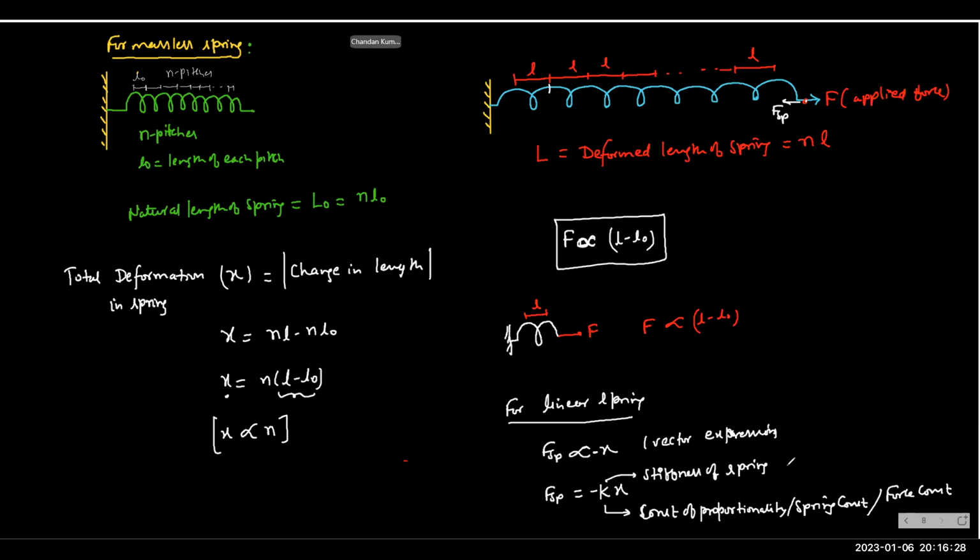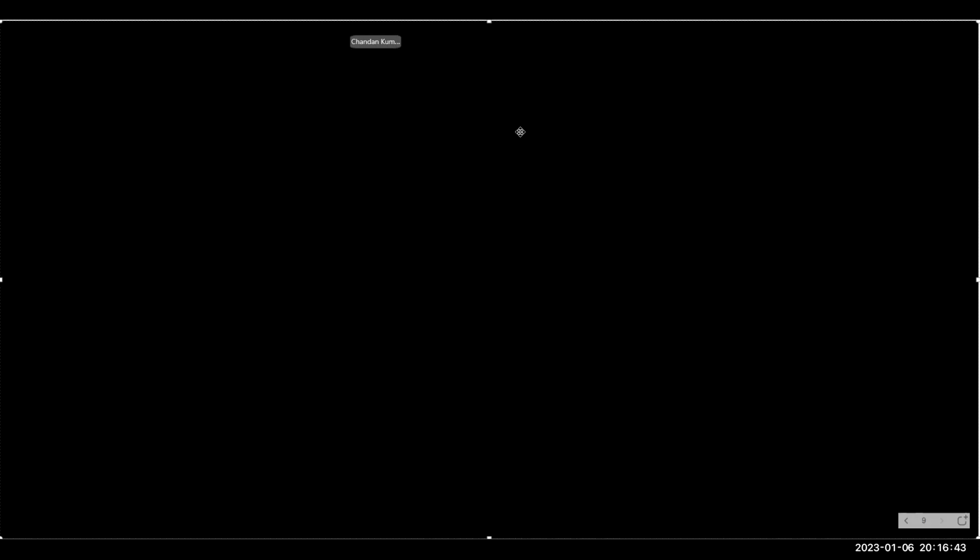Okay, so do you realize this? Now this is eventually what you write as the spring force formula: F_SP equals minus Kx. This is called the vector expression, or simply I can call it vector form.